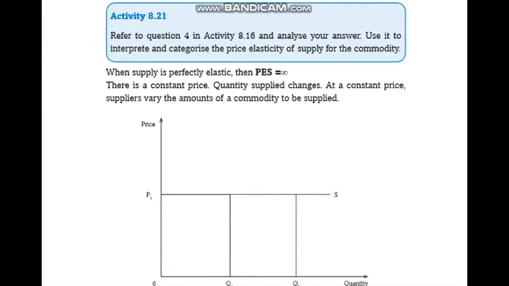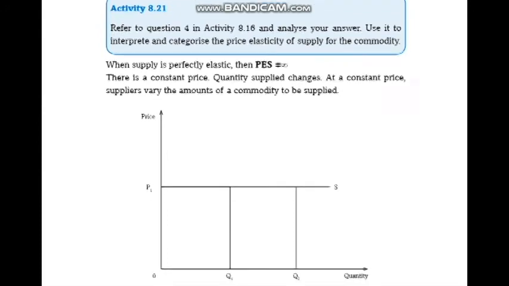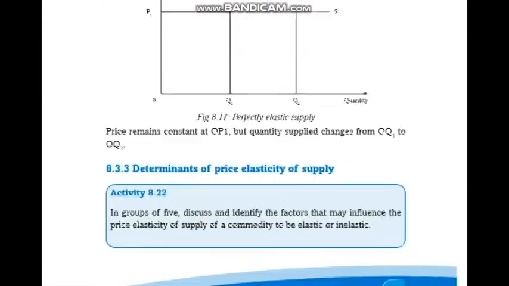So there is a constant price, while quantity is changing. When quantity supplied is changing and the price is constant, then we have perfectly elastic supply, where price elasticity of supply equals infinity.